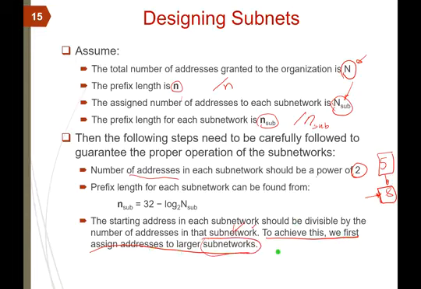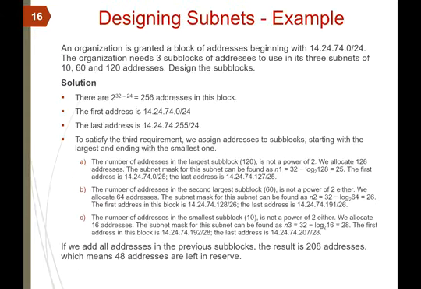Don't start with the small or the medium. Start with the larger subnet, and this condition will automatically be achieved. So we have these 3 steps in designing subnets. Let's see an example, and everything will be clear.